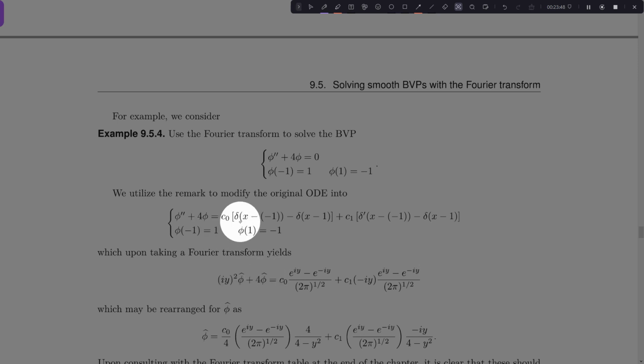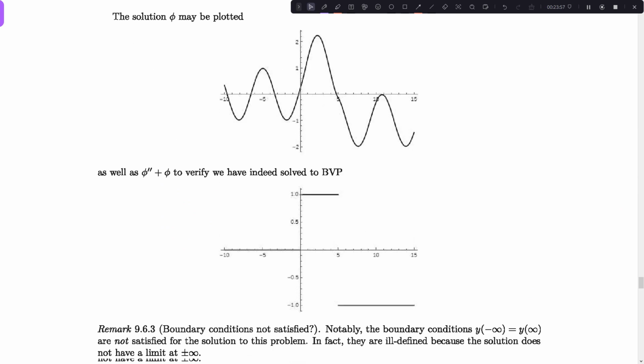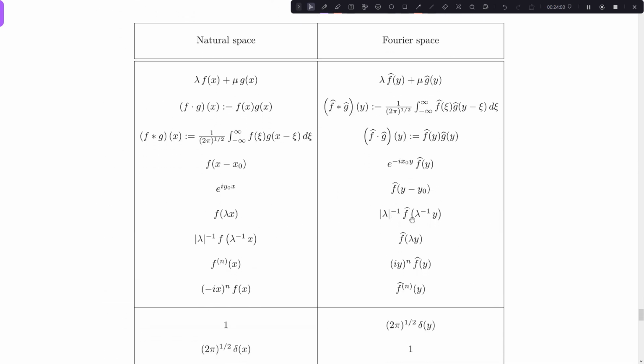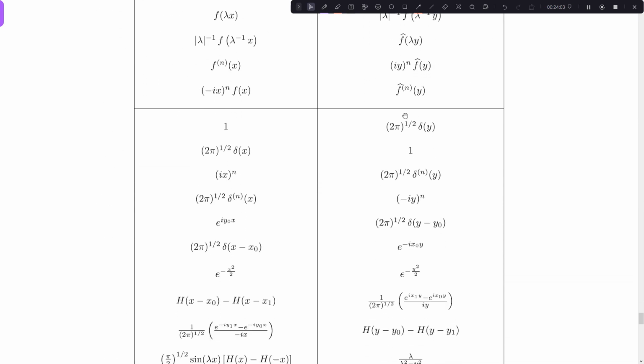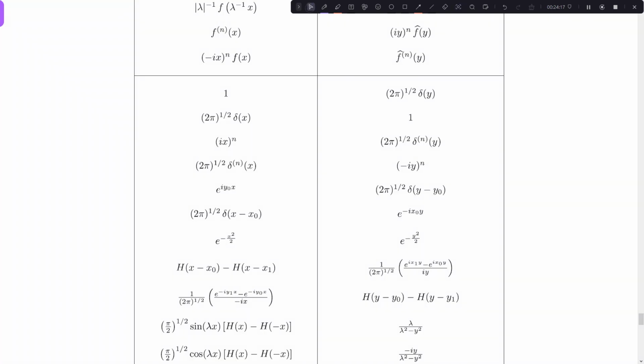And then when I'm computing now my Fourier transform of the delta functions, we just jump down to the table of Fourier transforms, and I find my delta function, and I see that a shifted delta function is e to the i x naught y. And then to gain just the delta function, I could divide by 2 pi to the 1/2.